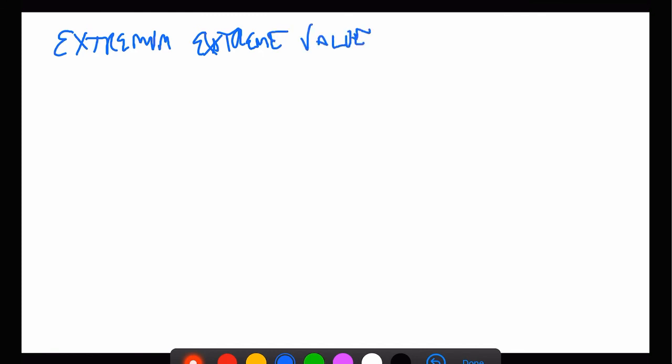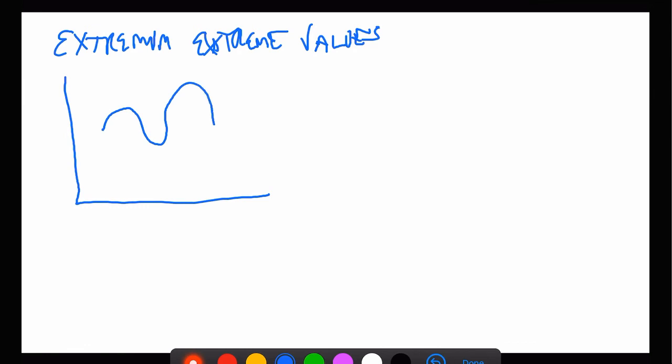Okay, some other things. One is what we call extremum or extreme values. And yes, you're going to have to live with my handwriting for 5 weeks here. So let's suppose I have this as my function.